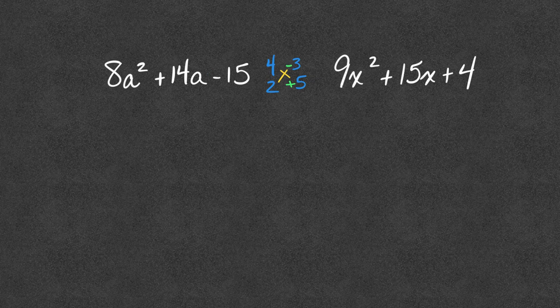So all I need to do then, in my blue fast factoring chart, is write out my factors and put in the obvious stuff, my brackets and my variables. So the top of that chart would represent a 4a minus 3, and the bottom of that chart would represent a 2a plus 5.